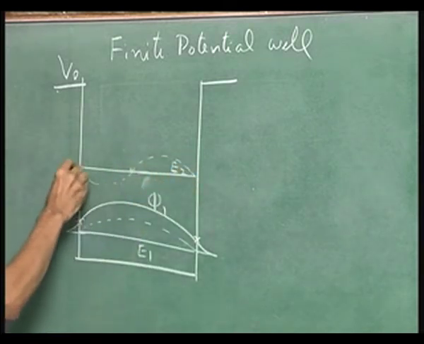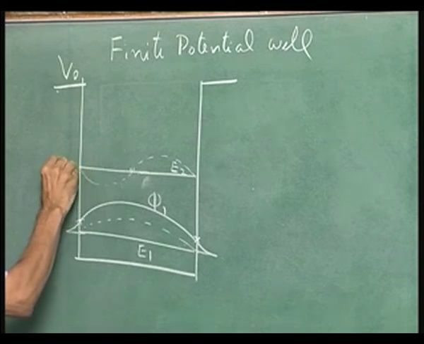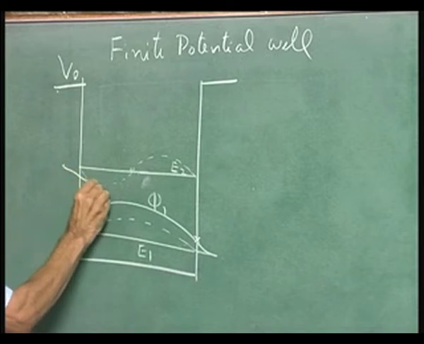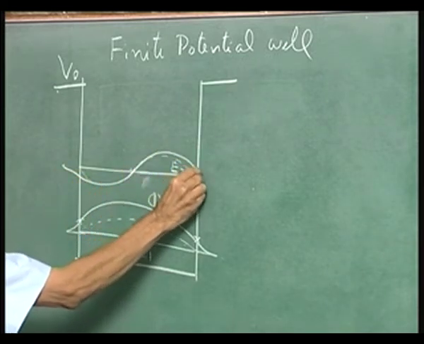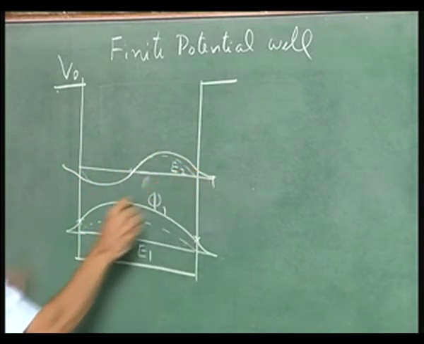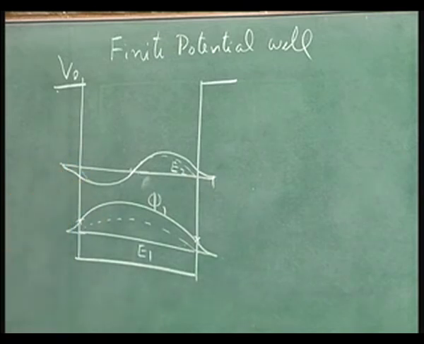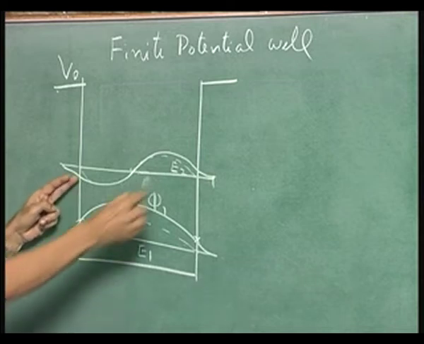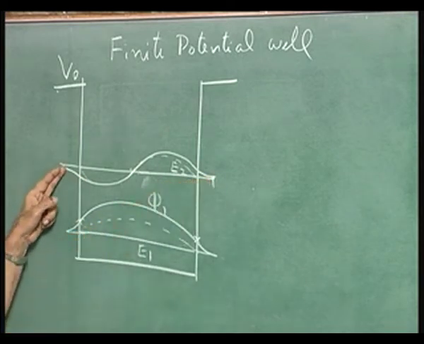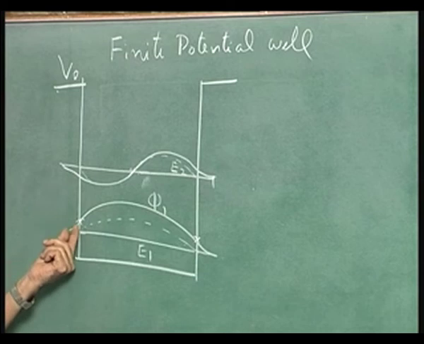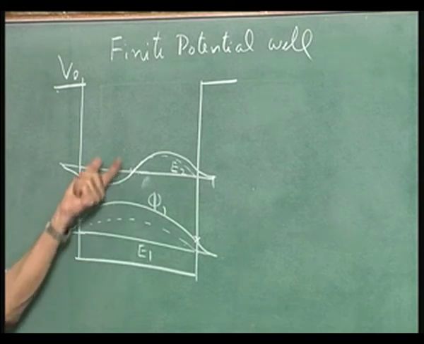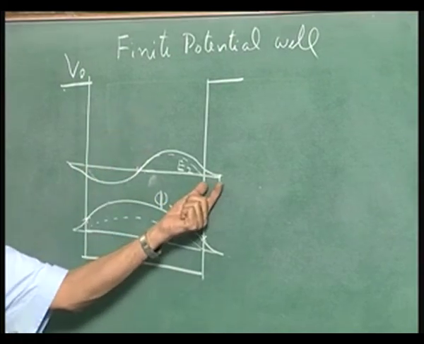For finite, you will have the probability of occupation here, and the whole thing will come something like this. Again a probability. The only difference between this and this is that this extended region will be more than this region. As you go to higher and higher energy, more and more overlap will be there.